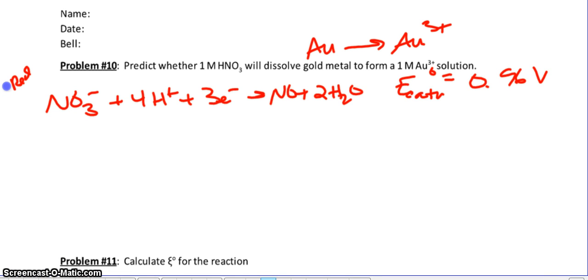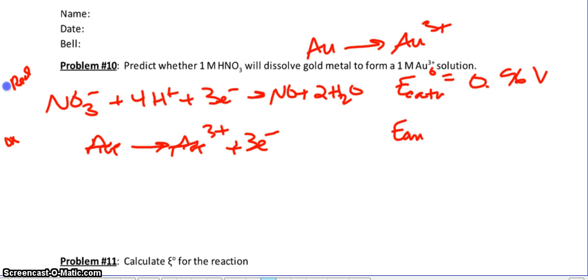If they want gold to dissolve, that's going to be oxidized. They want gold to become gold 3 plus plus 3 electrons. And so my E of my anode is equal to, I have to reverse the sign. Remember, if it's an anode, reverse the sign: negative 1.50 volts.